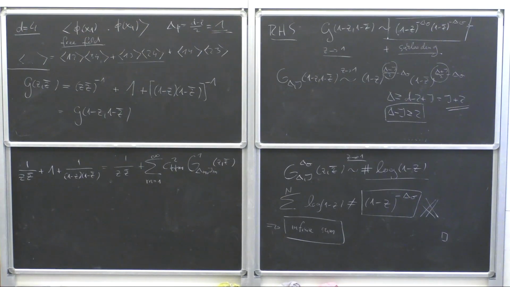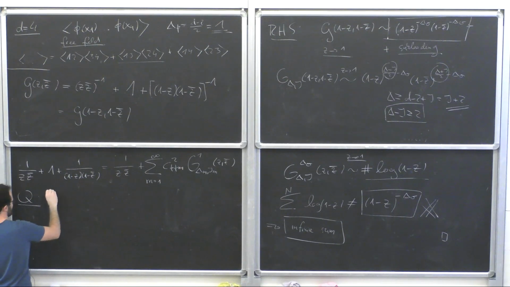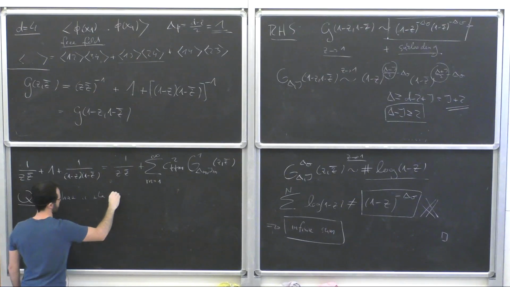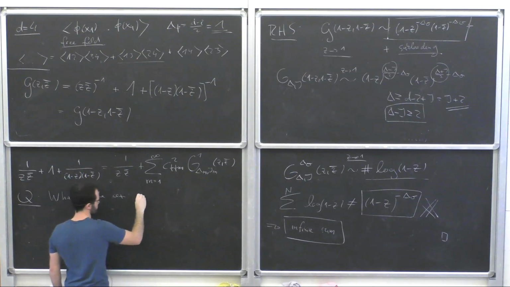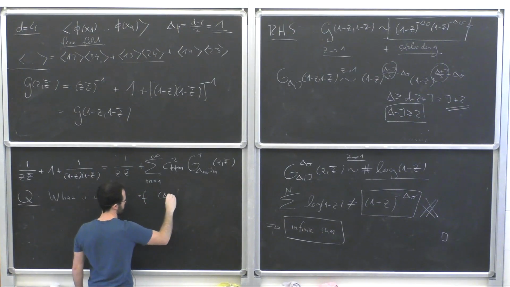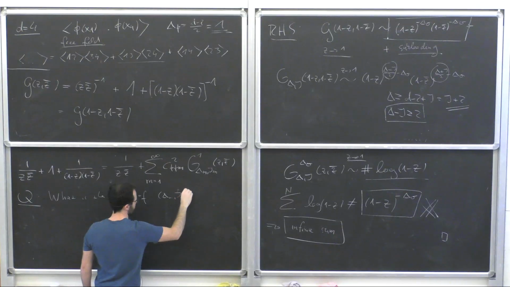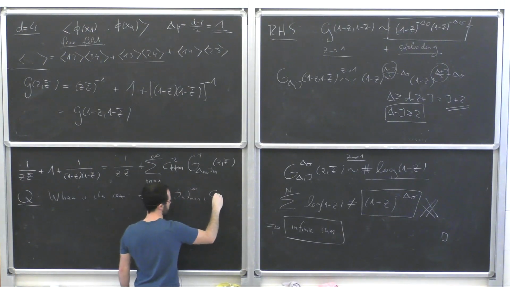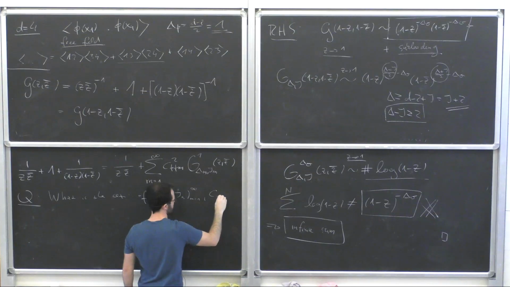Okay, so what remains to determine is what is the set of delta and J, and what are the corresponding structure constants.